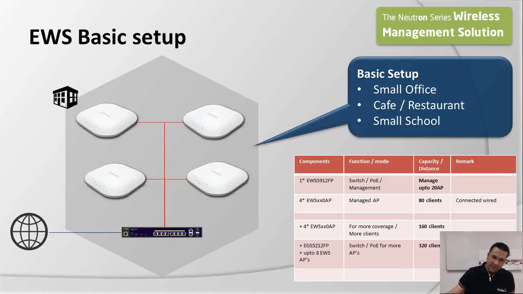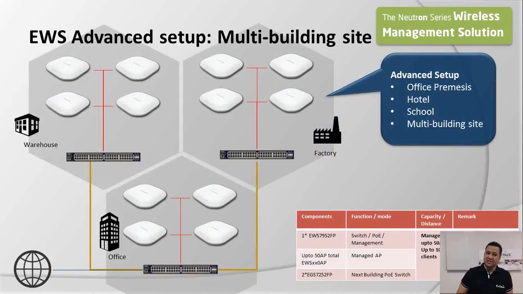The next slide is actually a more advanced setup. For larger deployments, you can make bigger EWS cells with management up to 50 APs. If you look at this drawing, this switch is representing 1 EWS switch connected to a second EGS switch, just a normal PoE switch, and a third switch here.